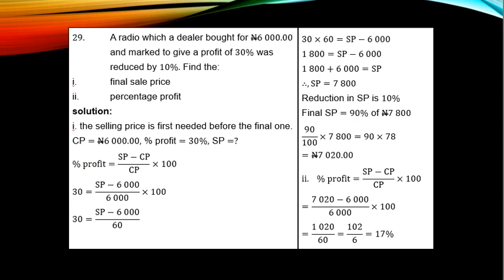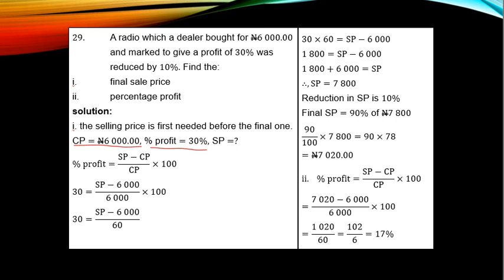Okay. The selling price is first needed before the final one, because the final one now is reduced by 10. So you have to get the selling price from the given information, where the cost price is 6,000 naira and percentage profit is 30.